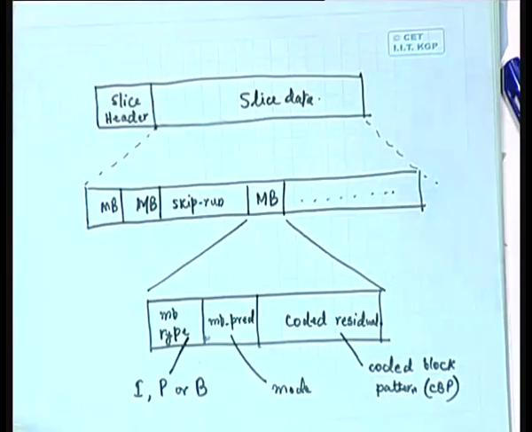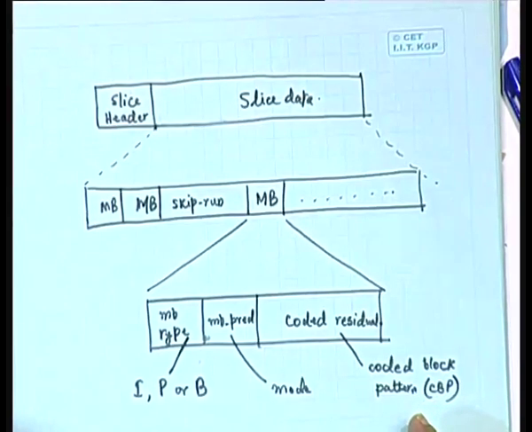So, a slice is one layer above the macro block, and within the macro block one has a very specific data structure, containing the coded block pattern of the individual blocks that compose the macro block.